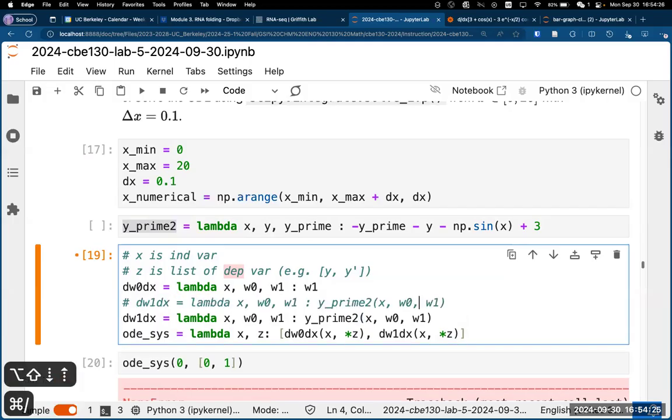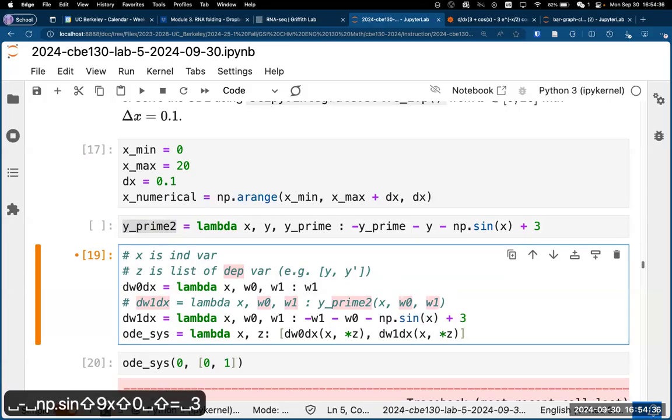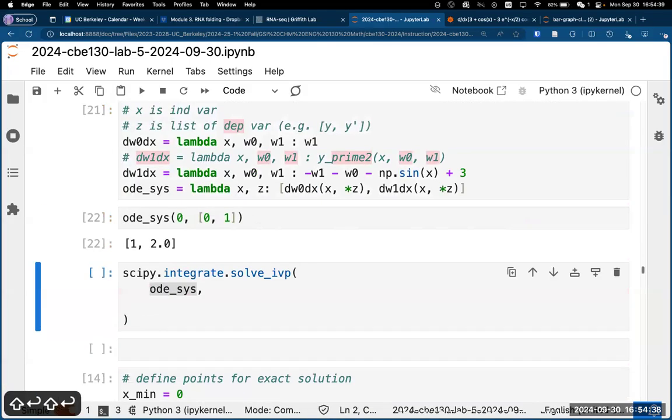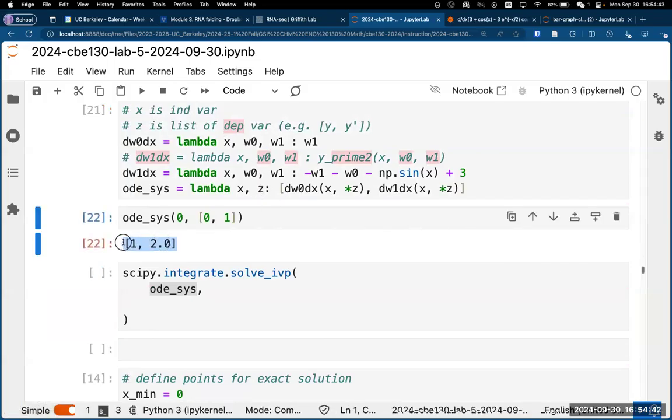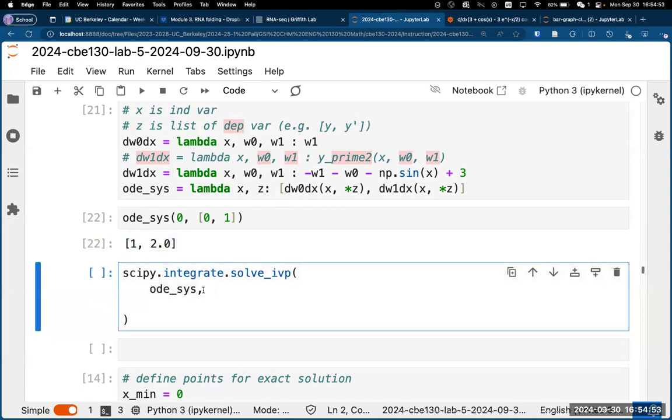Or alternatively, you can also rewrite everything. So if you rewrite it, it's minus W1, minus W0, minus np.sin of x plus 3. It's the same thing. So now you evaluate this function, and you will get some number. That means your function is good. If you don't get anything after evaluating it, you're in some sort of trouble.